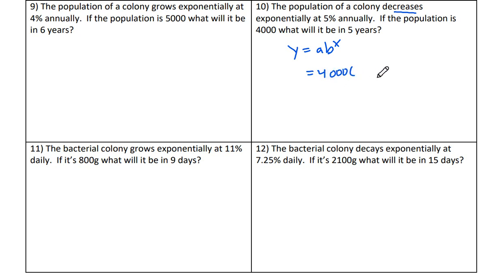Now our B, our rate, well, our rate should start at 100%. We're decreasing at 5%, so we subtract the 5%. And that gives 95%. So going in here is 0.95. Since it's an annual rate and we're going in 5 years, we'll put a 5 right there.